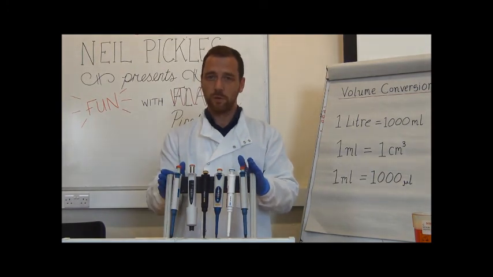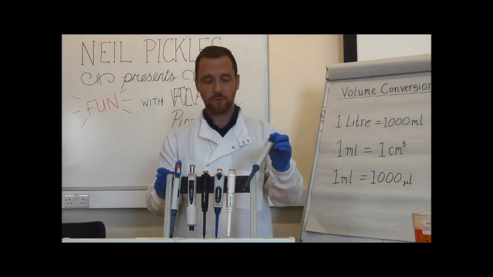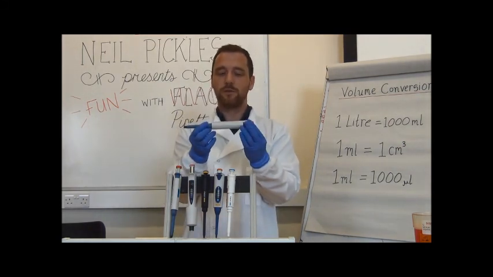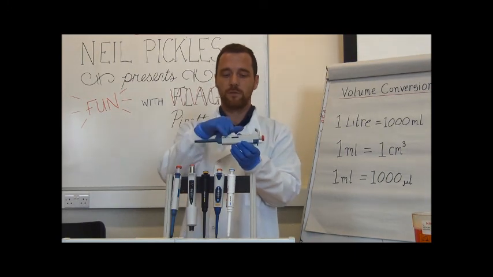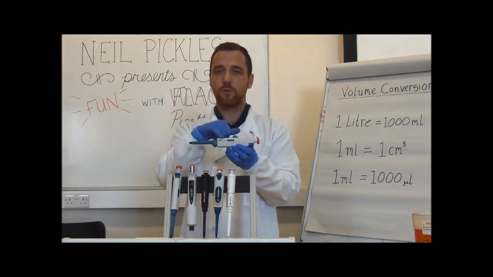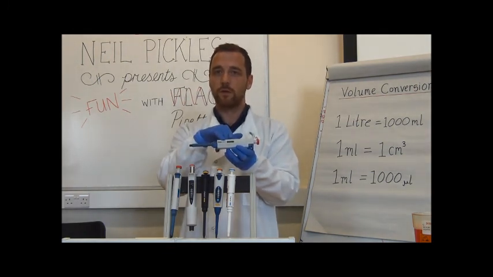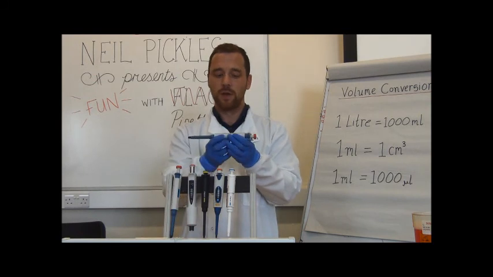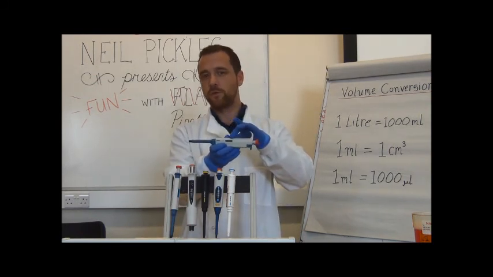Now I'll show you one of these as an example and show you the different parts. This is a standard pipette, and the first thing that's recorded here is the volume range. This pipette has a volume range of 200 to 1000 microlitres, or 0.2 to 1 millilitre. You can adjust the volume setting here.